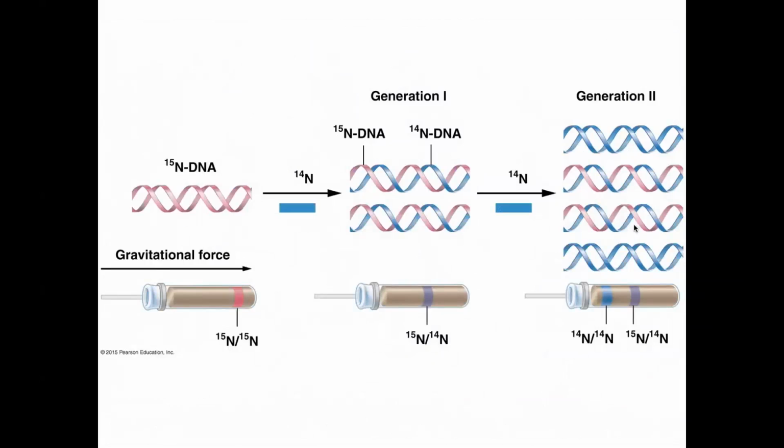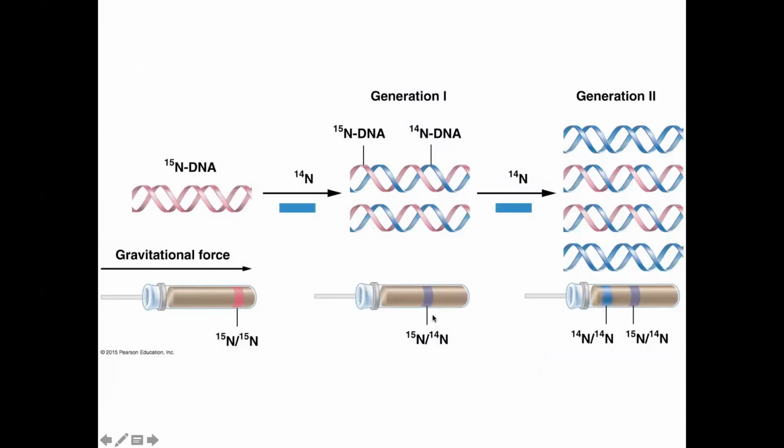So what are the predictions, in other words? Here is the predicted banding pattern for semi-conservative replication. We start with fully N15 labeled DNA, so it'll band out at the bottom of the gradient. After one round of replication in the presence of the N14 isotope, you'll get two daughter molecules that are hybrids.